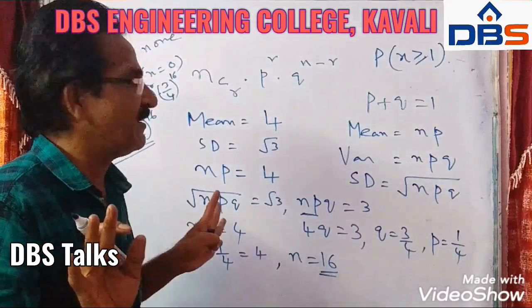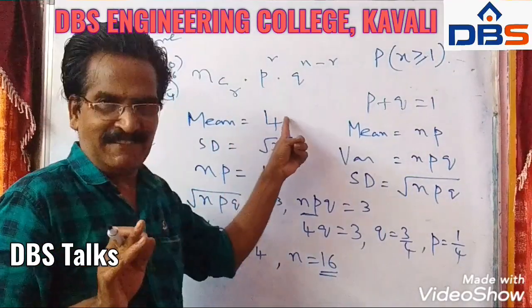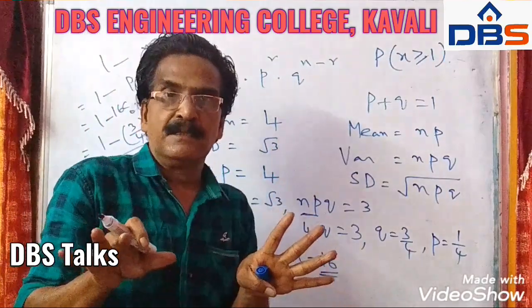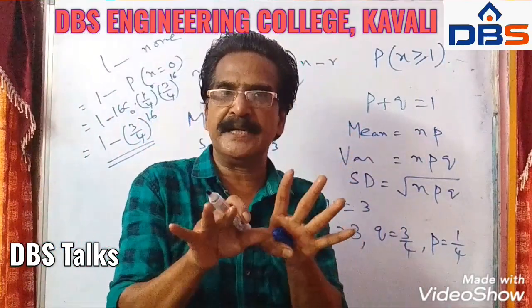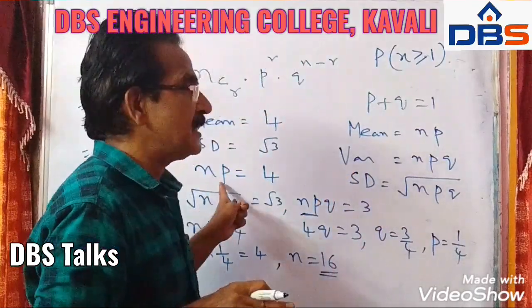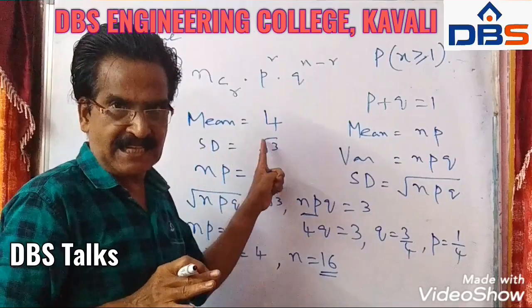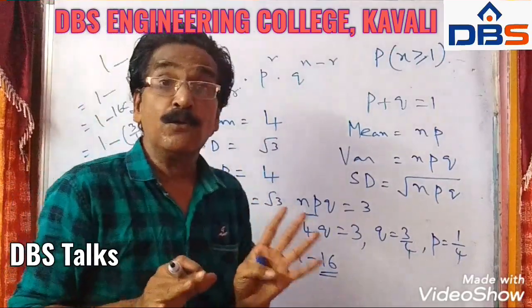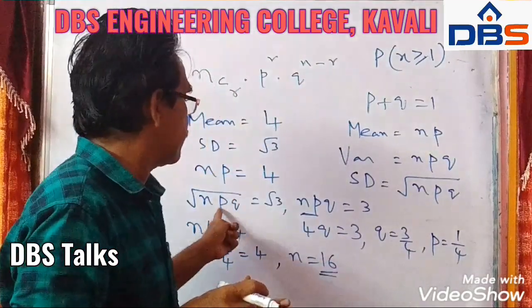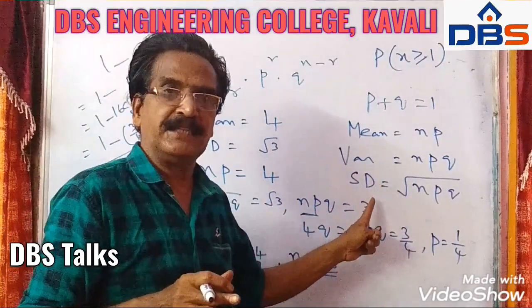Okay friends, see here what is the data given? Mean is given. When mean is given, it should be made equal to NP. So NP is equal to 4. Next, standard deviation is given. Standard deviation is root of NPQ, which is root 3, so NPQ is 3.